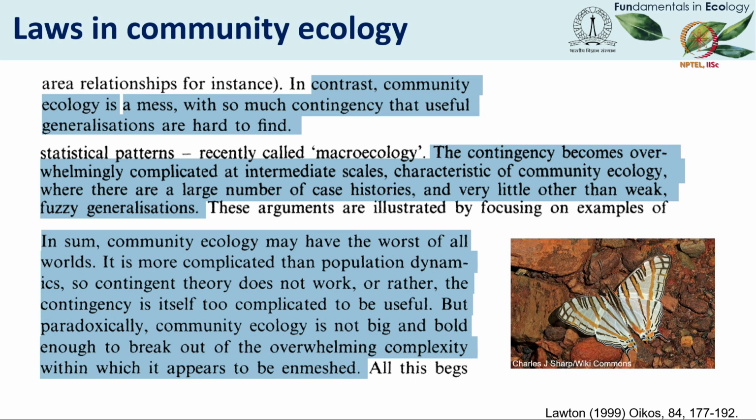One of the criticisms of community ecology, made by John Lawton in 1999, was that if you look at the scale of ecology, and we've talked about this, we're going from individuals to ecosystems, at the individual scale, if you look at individuals and their behavior, or if you look at populations and the ways in which population size changes, things are far more predictable than at the scale of communities.